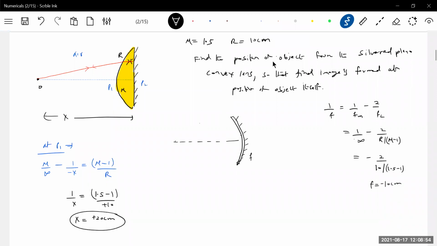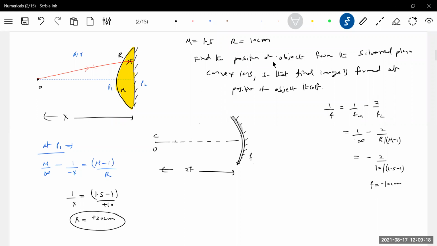Minus 10 centimeters. So I'm going to replace this with a focal length of minus 10 centimeter. Then where the object, if object is placed at center of curvature of this, if focal length is f, then it should be at a distance of 2f. Okay, I think same condition.